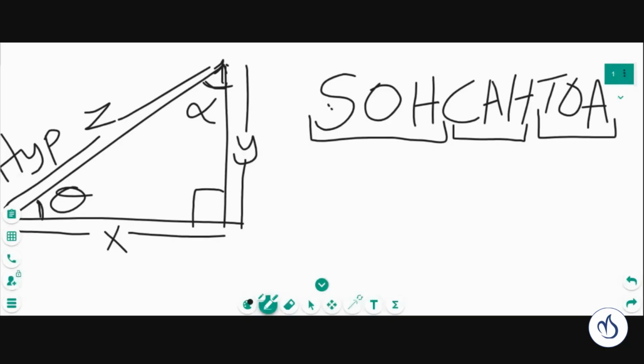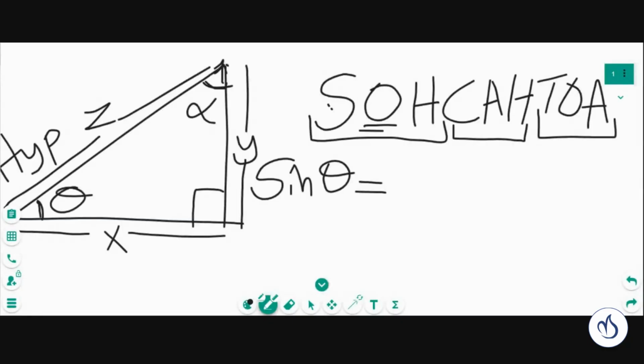So the sine of my angle theta is equal to O, the opposite side.